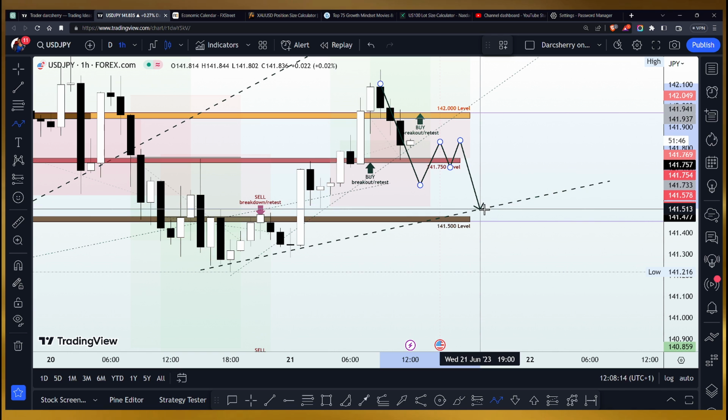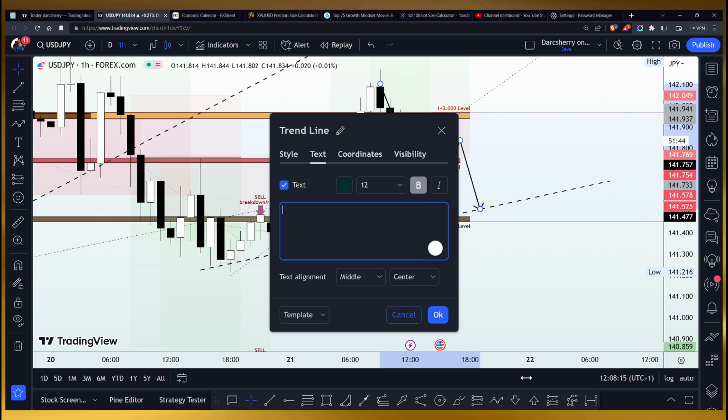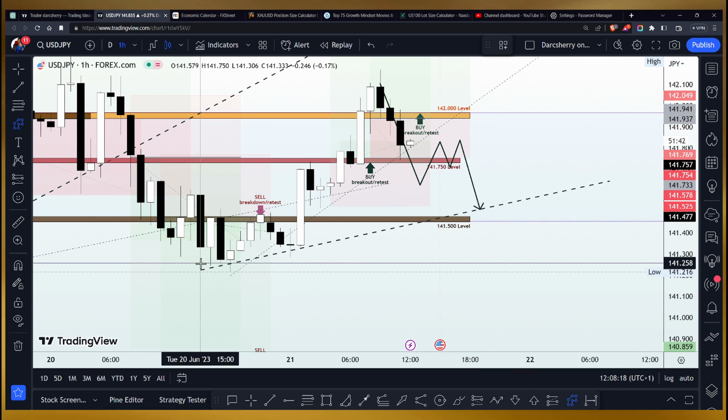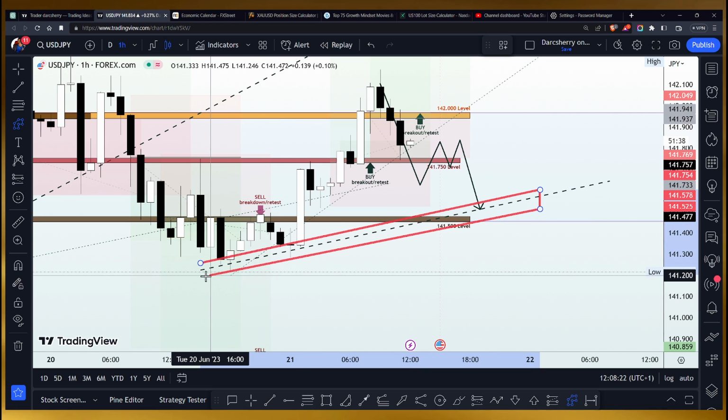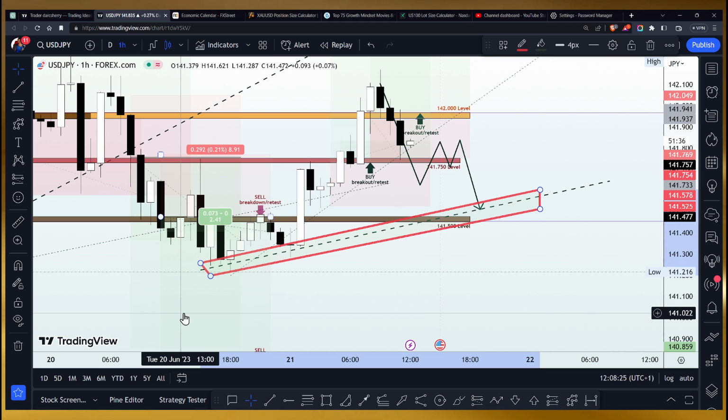Remember, we have a trend line here which we connected after identifying the higher lows. As soon as price gets into that level, you want to be moving your stop losses to secure the sell position if price breaks through the 141.750.